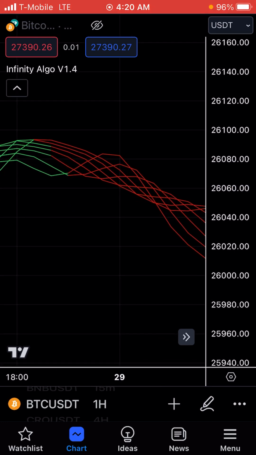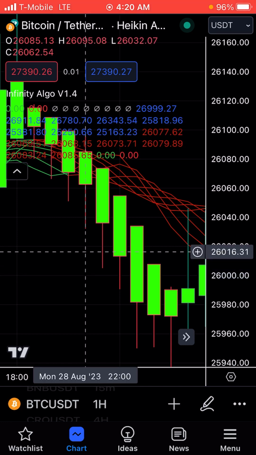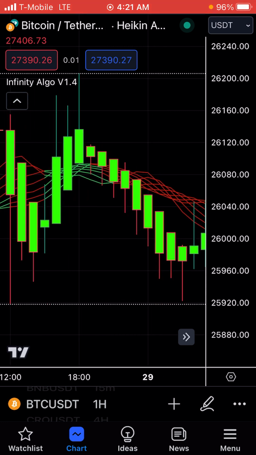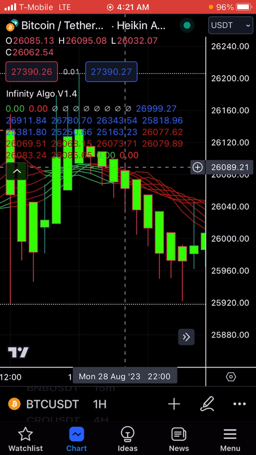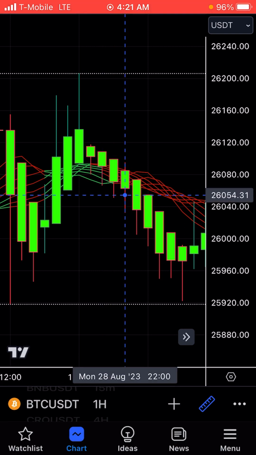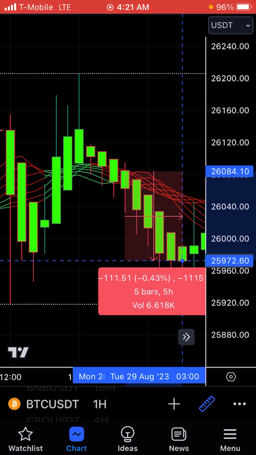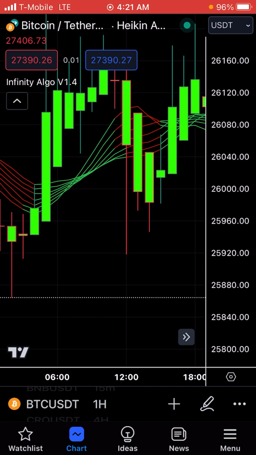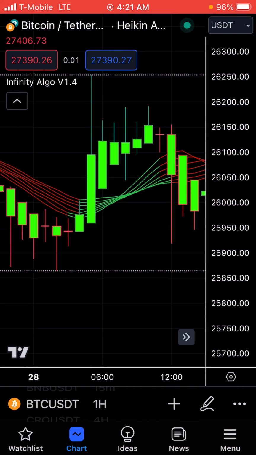Because if we turn on the candles at that moment when it happened, it was right around here, and right around here is when it picked it up, and that gave you a good entry point right there. That was a price difference of $111. So it really all depends, but to me, this is very good at spotting those moments for little scalps.